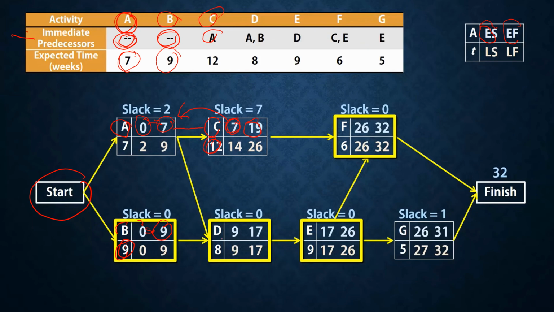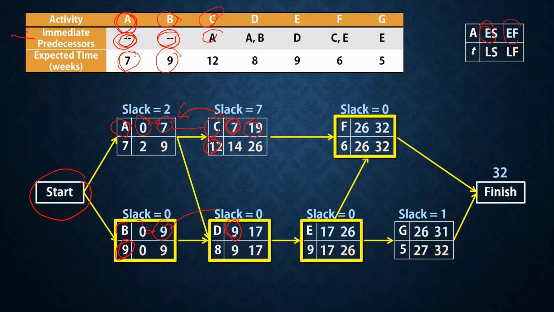Here D has two paths, one is A, one is B. Depending on A and B, D will start after the higher dependent task.